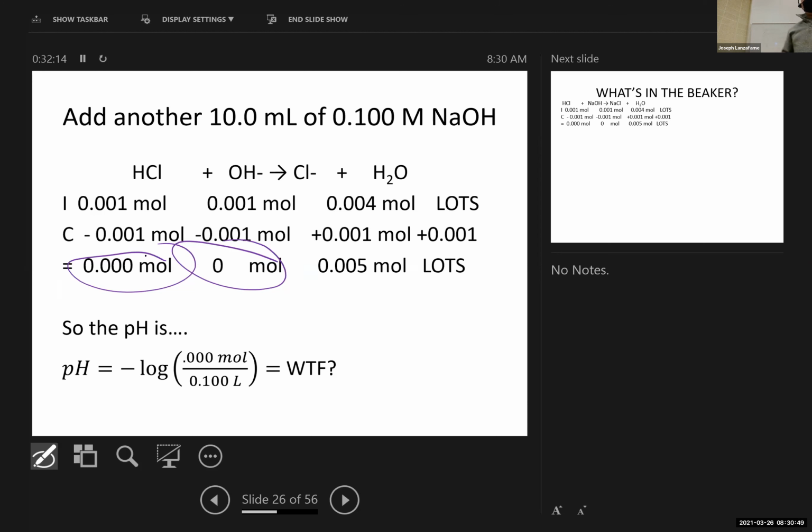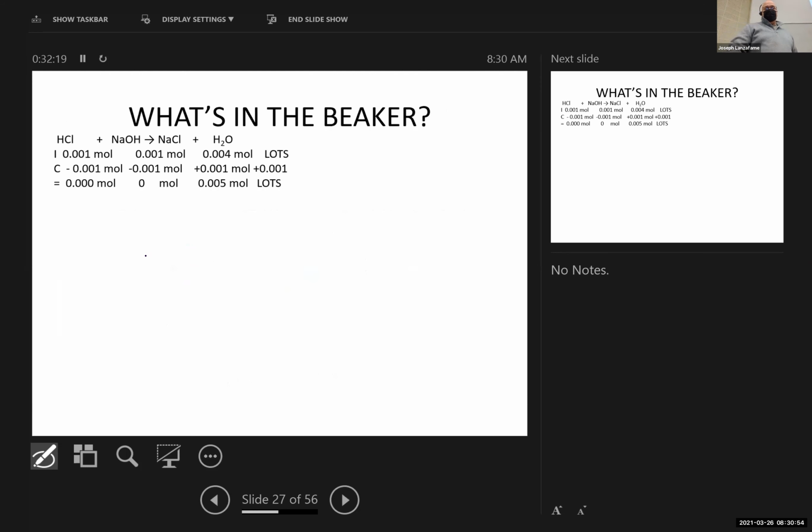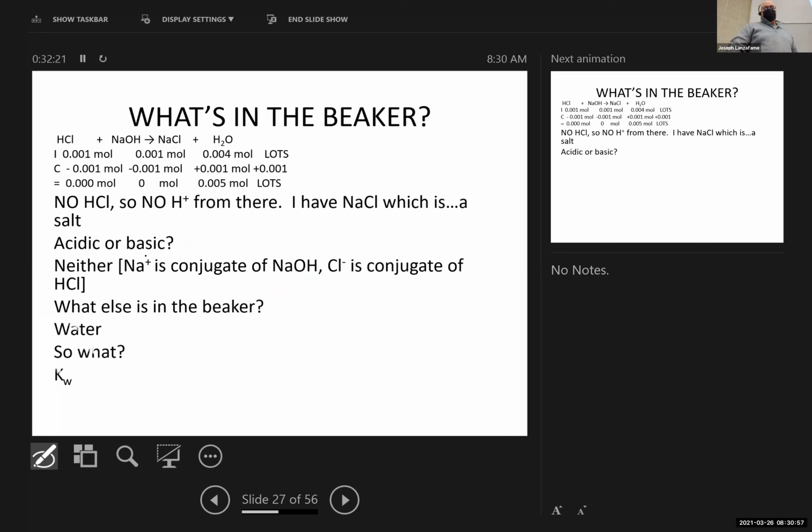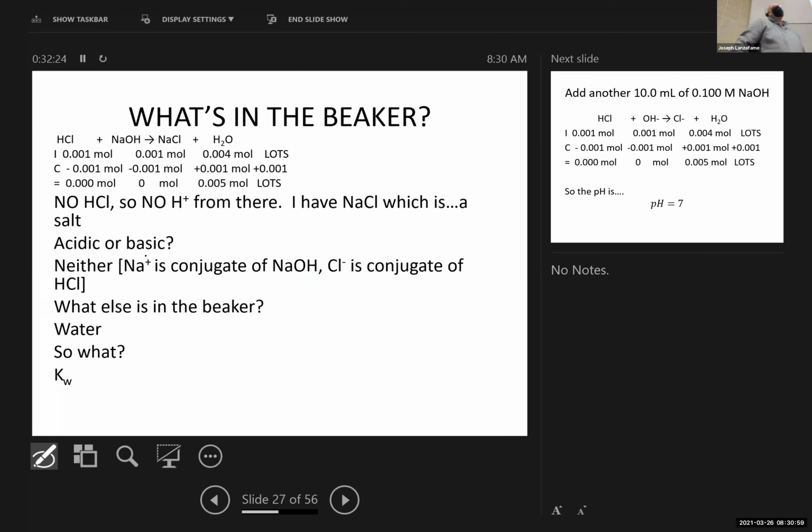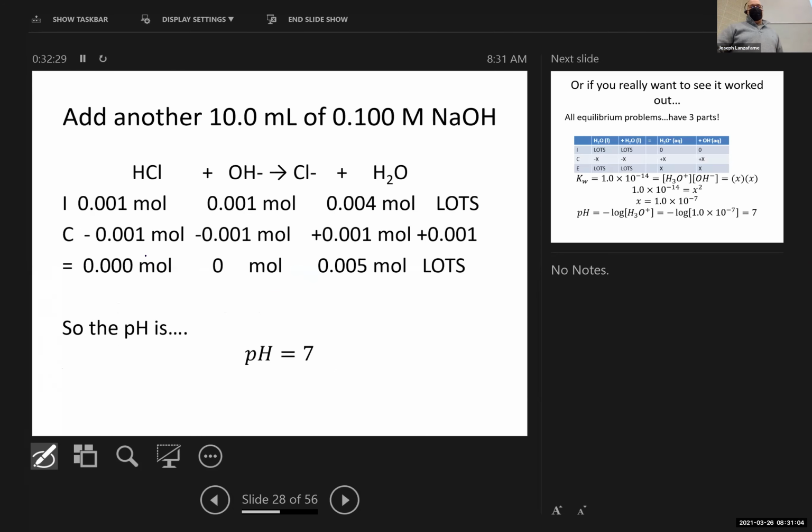At this point, the only source of hydronium is the Kw, and so all of a sudden, that equilibrium matters. It's never very big, but when it's the only thing in the beaker, and if I solve good old Kw, I get a pH of 7. That is why for a strong acid and a strong base, I do get a pH of 7 at the equivalence point, because it's good old Kw again. Remember, that's where that pH of 7 for quote unquote neutral comes from to begin with.